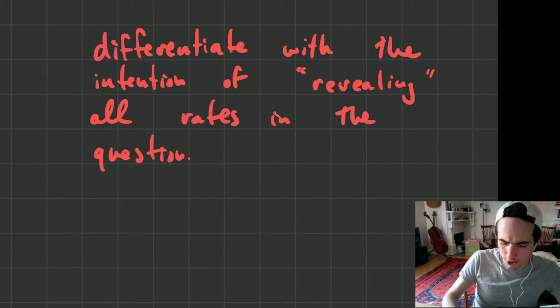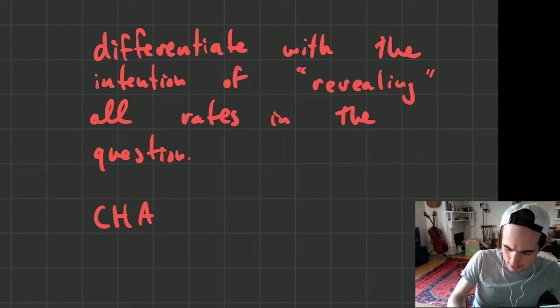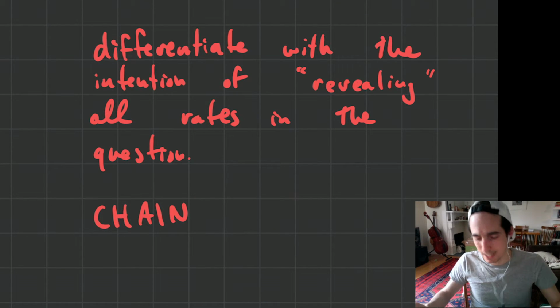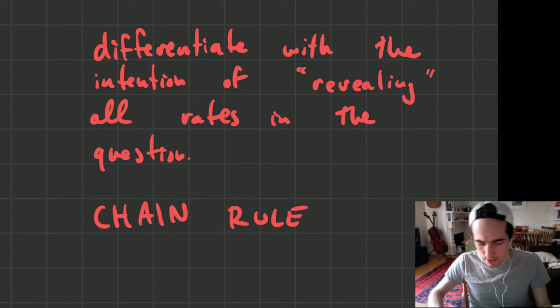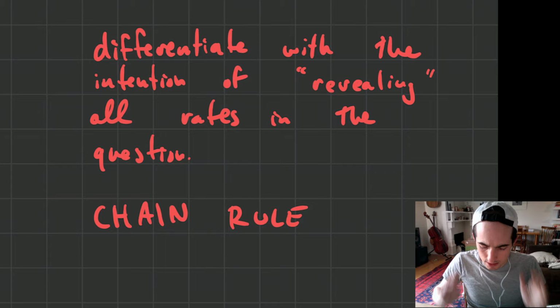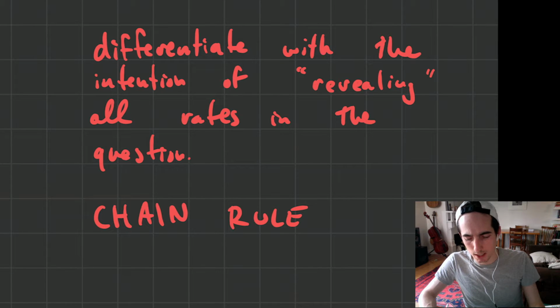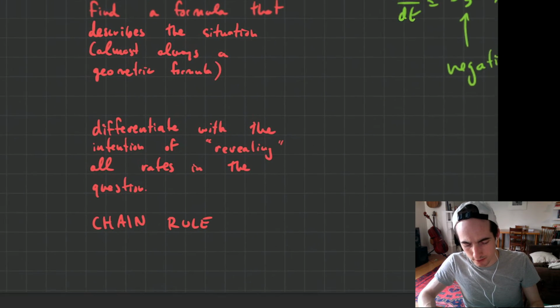And in these questions, the chain rule is like 99% of the time what you need to use. So if you're not using the chain rule on one of these types of questions, you're probably making a mistake.